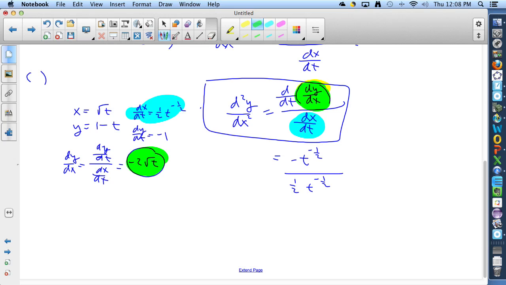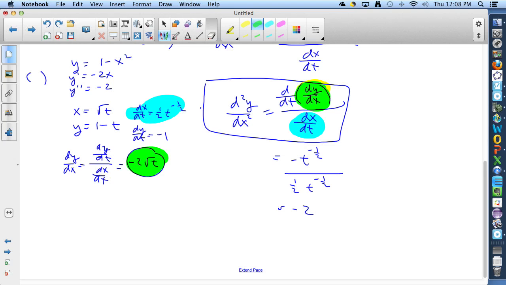You know what that's equal to? It's equal to -2, which makes perfect sense because remember what we said: the original function, if we eliminated the parameter, was 1 minus x squared. y prime is -2x. The second derivative is -2. So it all makes sense that it works out that way.